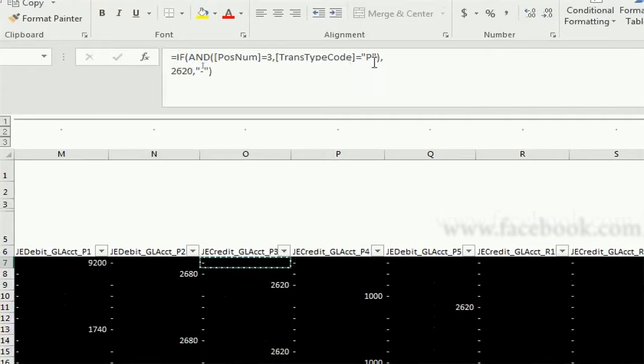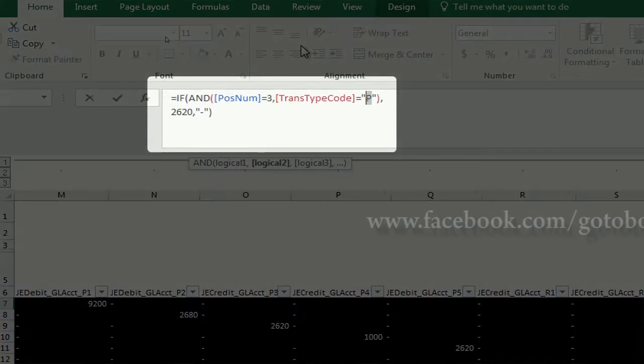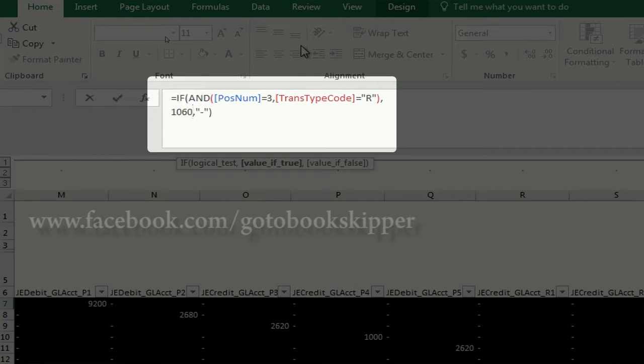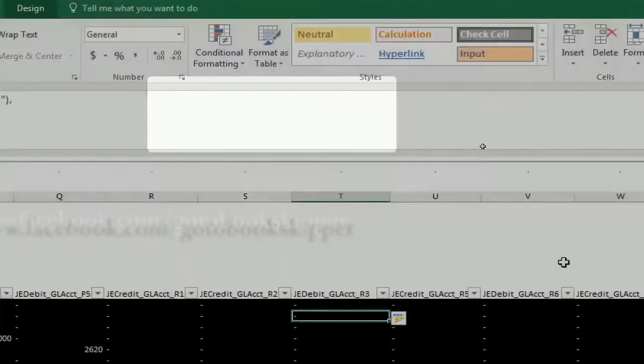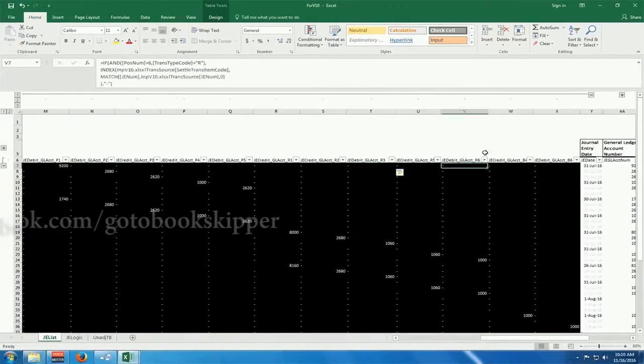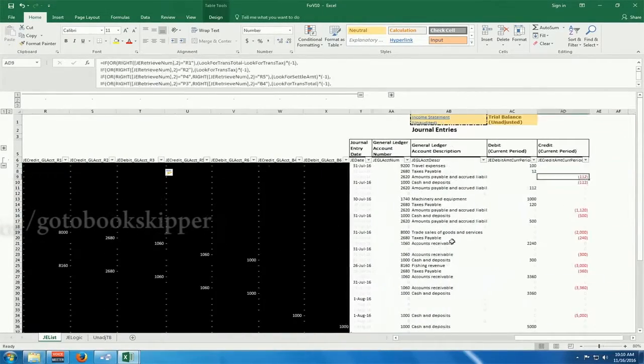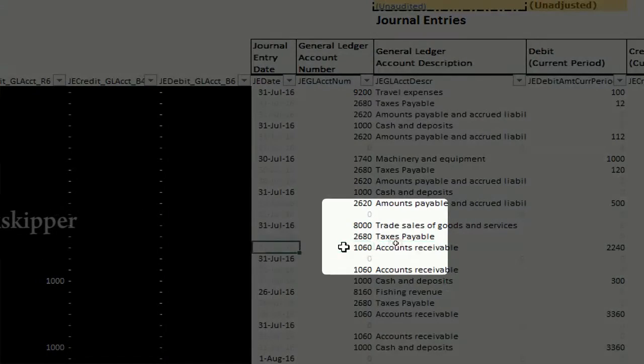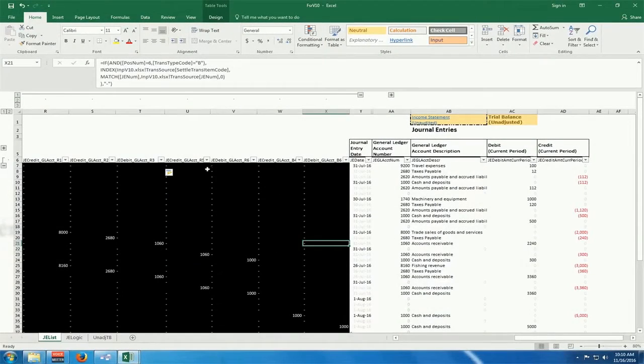And what we can do is replace the trans type code P with revenue R. And we replace 2620, the accounts payable, with 1060, the accounts receivable. Press enter. Okay, save it. Let's go back to see if we get it. Yes, we got 160. Let's take a break and then I'll go over the position 5 and 6 of revenue transactions.